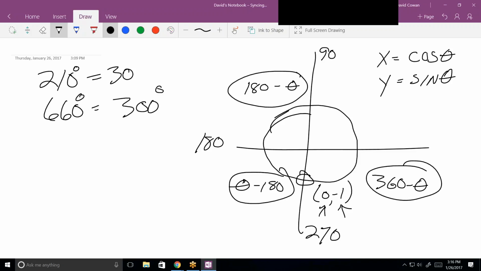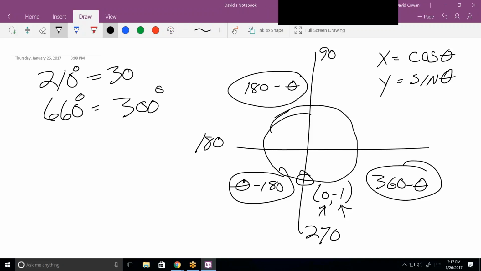Those are equivalent trig function angles. Whatever the 6 trig functions are for 660, they're exactly the same for 300, and in fact, they're exactly the same as minus 60. Coterminal angles all have the same trig function, coterminal being multiples of 360.